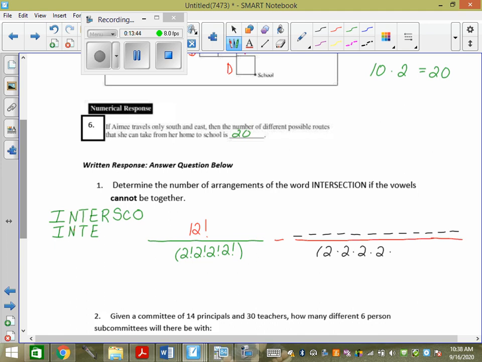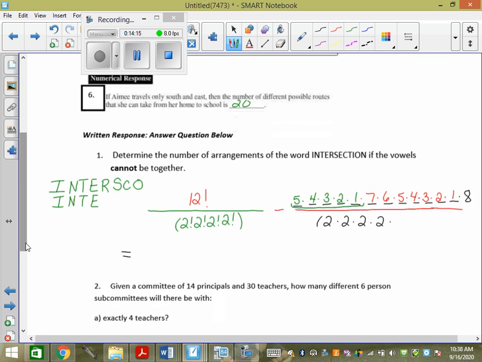How many vowels are there? 1, 2, 3, 4, 5. So then I have 5, 4, 3, 2, 1, times, how many left? 7, 6, 5, 4, 3, 2, 1 times 8. That was one more.